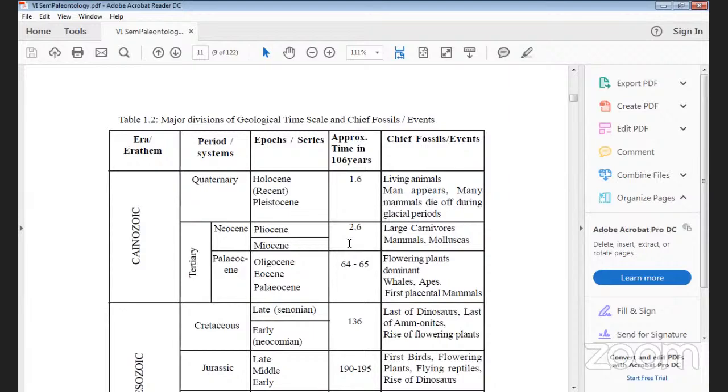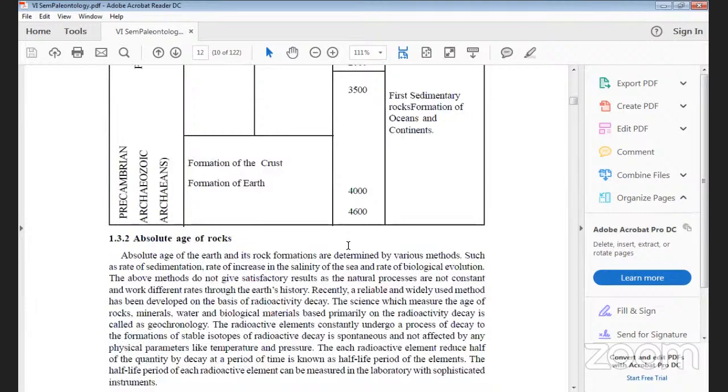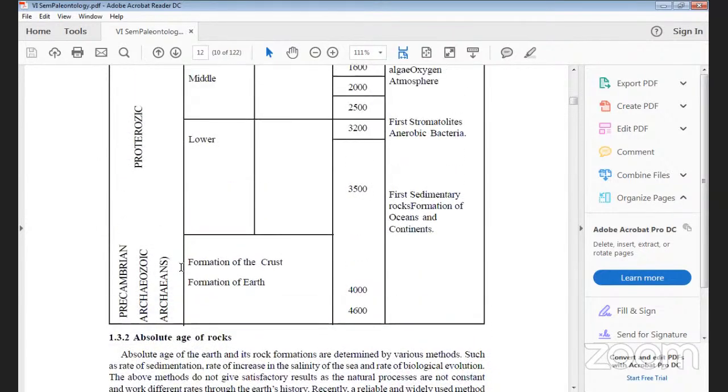If you see the Precambrian era, it's the Archaeozoic or Archean, and when you come into the periods, the formation of the crust or formation of Earth was started.